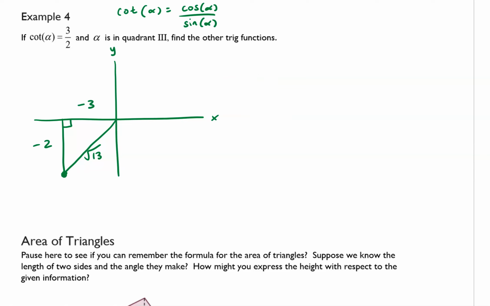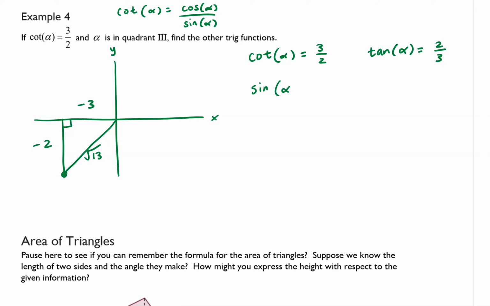So we already have cotangent of alpha equaling 3 halves. It's really simple from this using the reciprocal identity. We know that tangent of alpha is just going to equal the reciprocal of 3 halves, which is 2/3. So that one's nice to get out of the way.